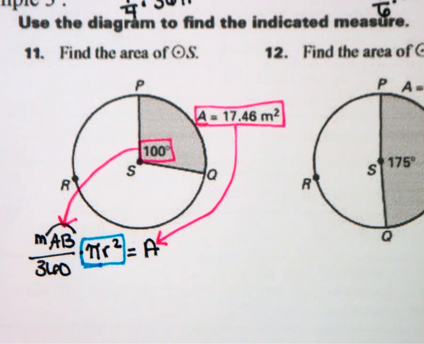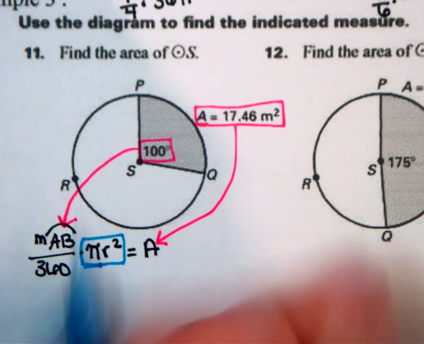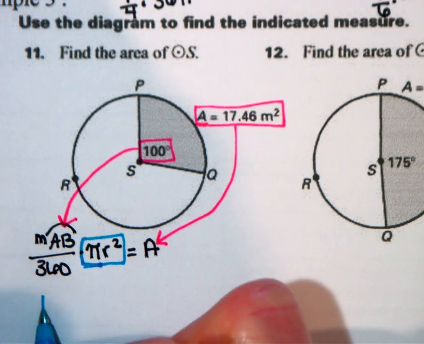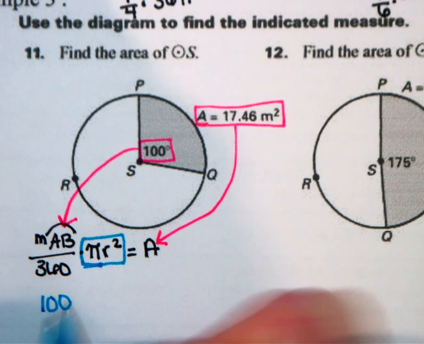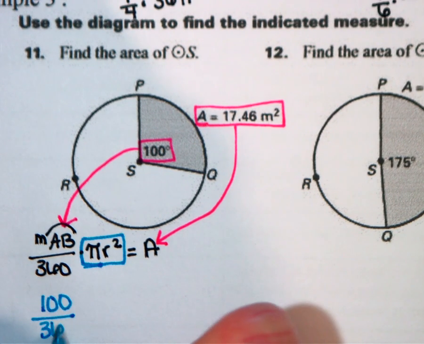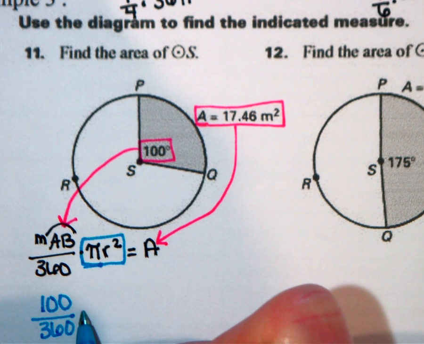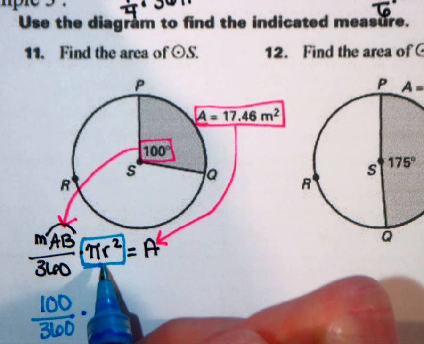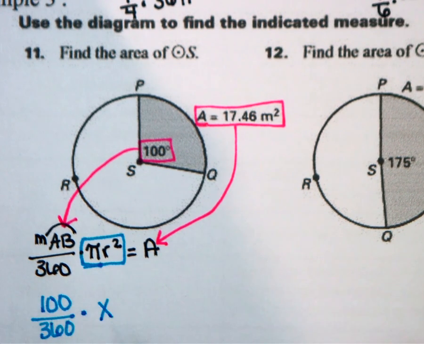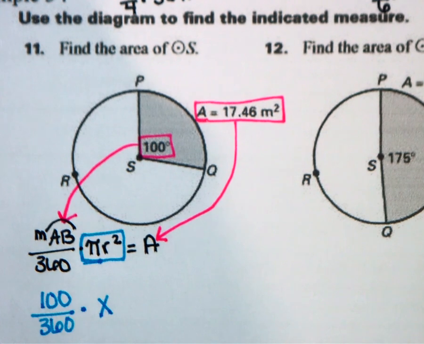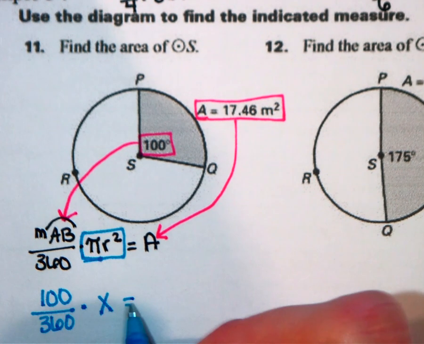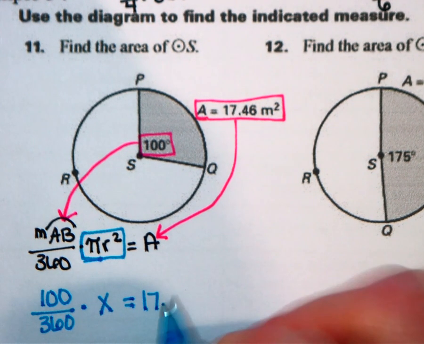So I don't want to know what r is. I don't know what r squared is. I don't want to know what pi r is. I want to know the whole thing. Okay, so when we substitute these things in, I'm looking for 100 over 360 times, this is what I want to know. So if you wanted to, you could just put a big X right there, because that's what I want to know. Equals 17.46.